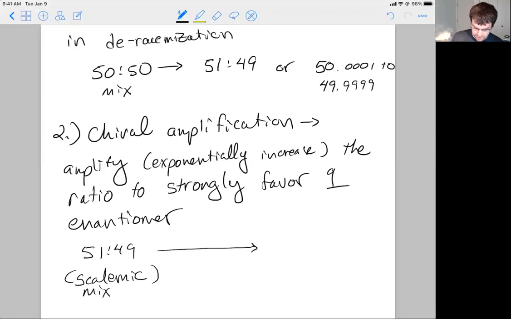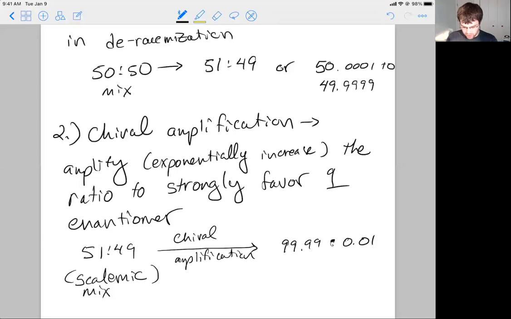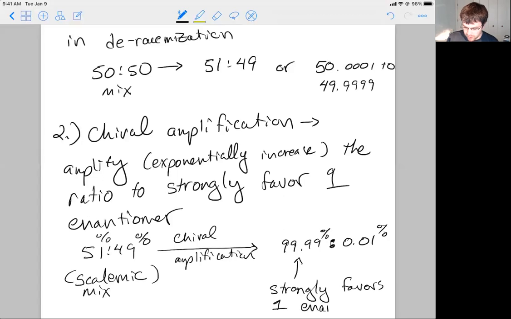In chiral amplification, we go to something like 99.99 to 0.01 as a ratio of enantiomers, maybe I should label these as percentages, where now the 99.99% strongly favors one enantiomer.